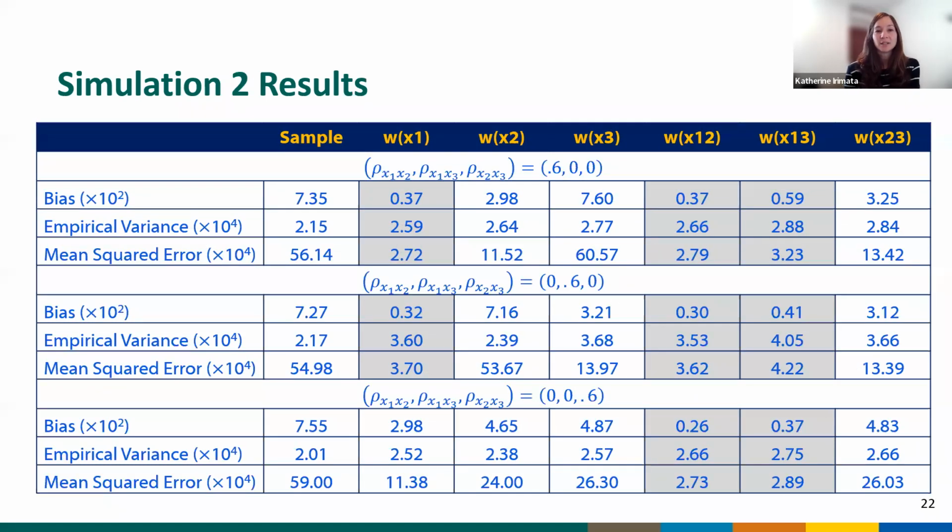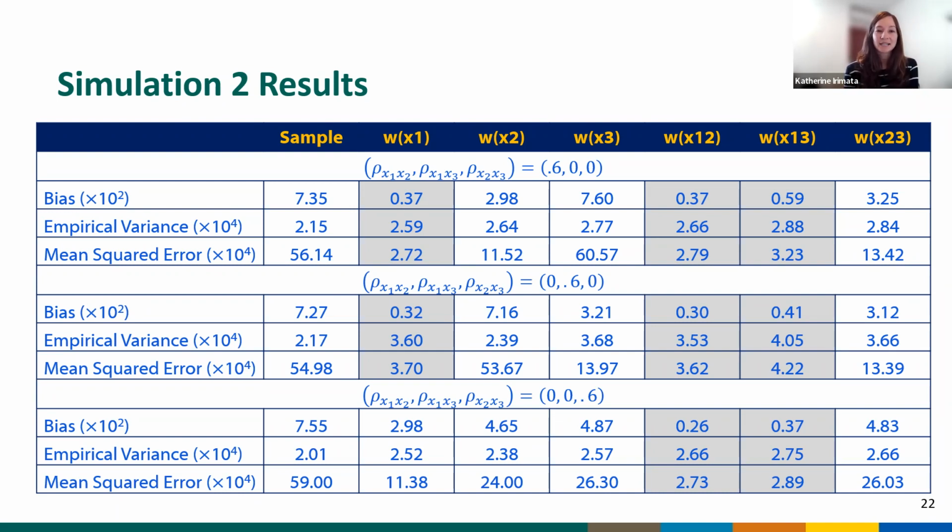In the second simulation, we now are going to introduce correlation. I only show a subset of results here, but in the first section of the table, we specify a correlation of 0.6 between X1 and X2. So that's our confounder and our predictor variables. And the other pairs of covariates are uncorrelated.